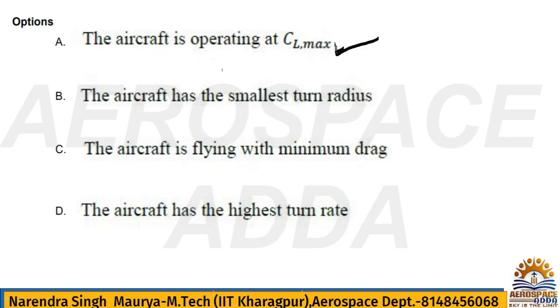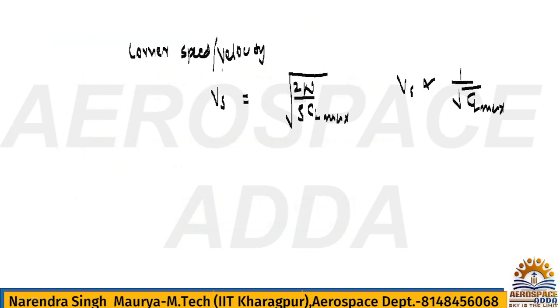Now coming to the next option, the aircraft has the smallest turn radius. So we'll try to define how turn radius comes into the picture. Now the load factor, that is lift by weight.